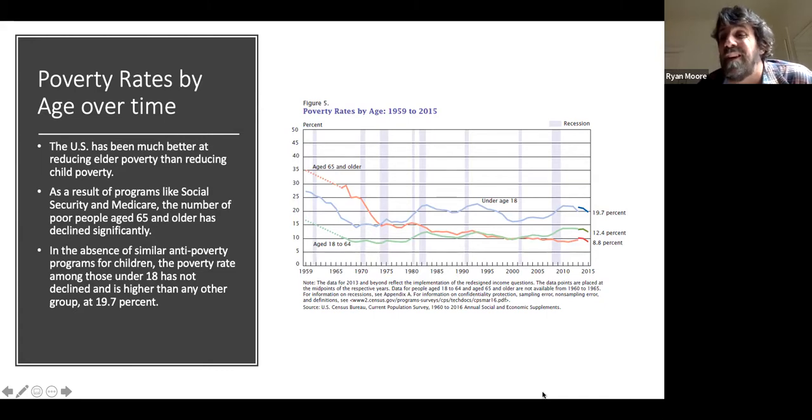There isn't a national commitment to eliminating or reducing child poverty in the same way that there has been for elderly poverty. And so as a consequence, we still have this very shamefully high rate of child poverty, in which one out of every 5 kids that's born in America is born poor.